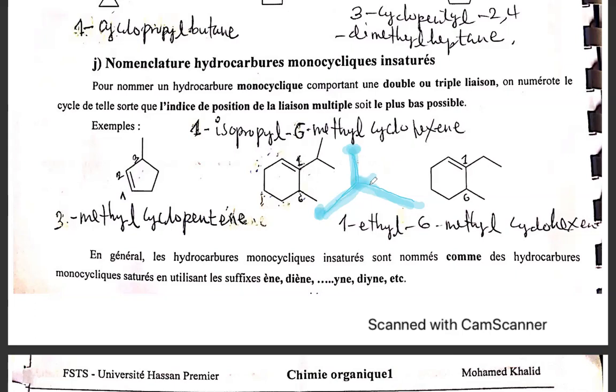Now in this case, our isopropyl is in this orientation. This is where it's bonded to this cyclo part. So when we are counting, we're going to count 1, 2, 3.